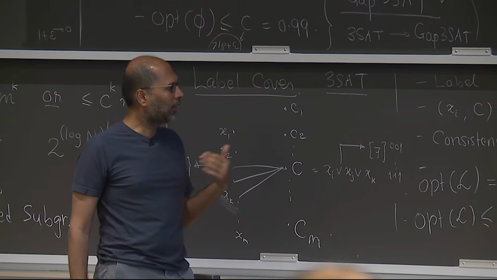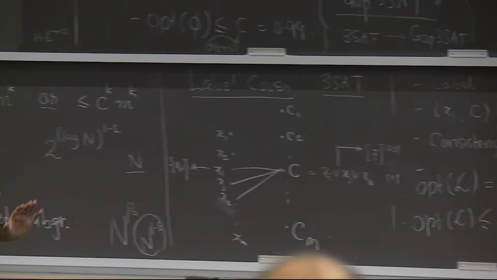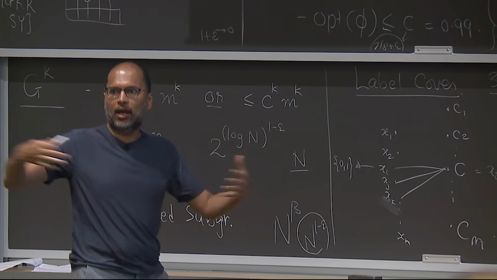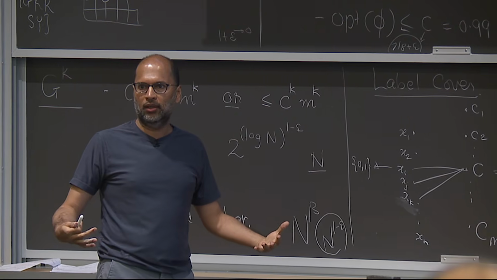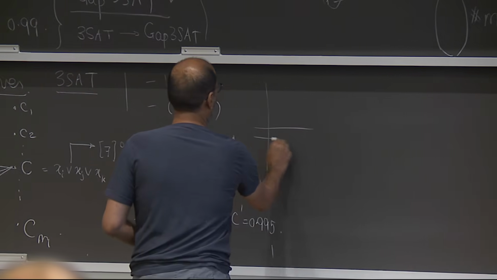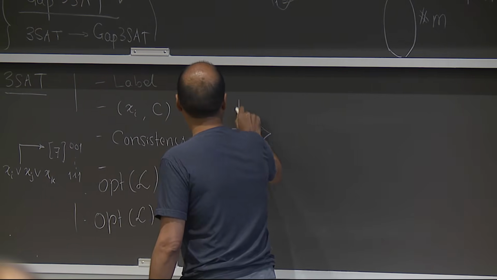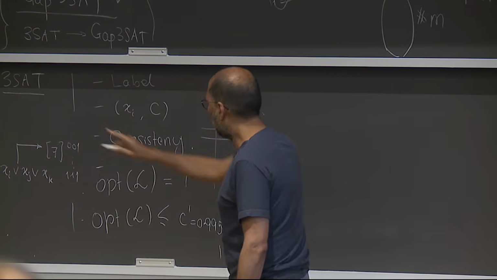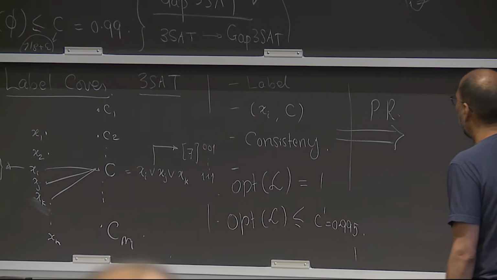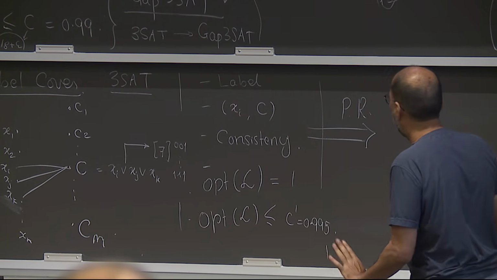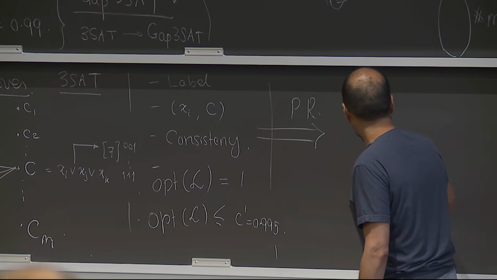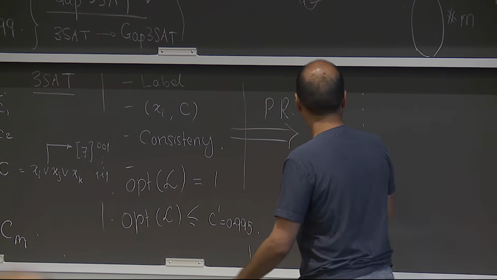Okay. Now what's great about label cover is that it's basically the same as clique: you can also amplify hardness using the product construction, just like graph products. So you can take this instance of label cover and apply an operation called parallel repetition, which is really this product construction, and construct a new instance of label cover in the most natural way possible. So now on one side you will have k-tuples of variables, right?